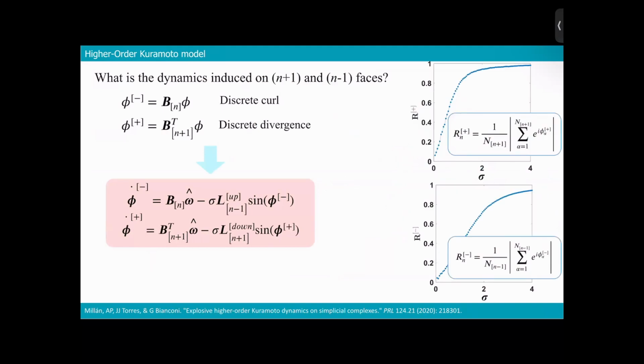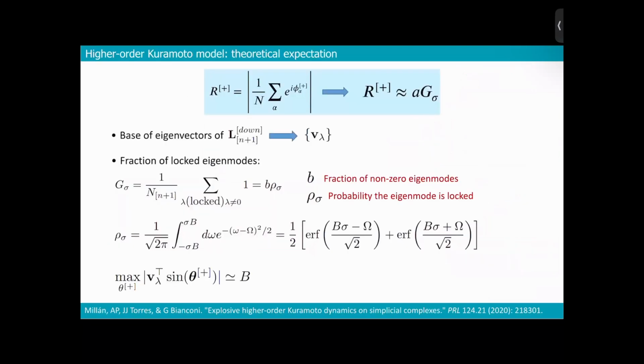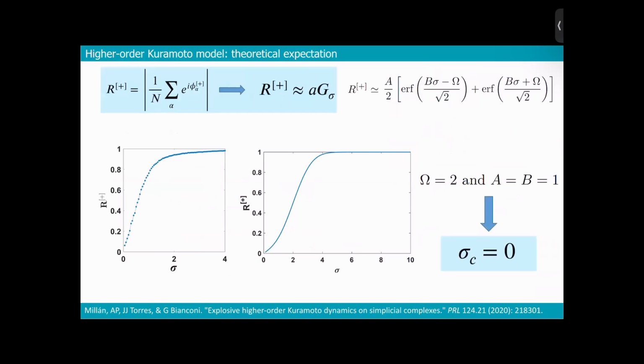And actually, we can write the equation for the nodes and the equations for the triangle, and these are the traditional Kuramoto equations. And indeed, using the corresponding synchronization parameters, we find this transition where now the transition point is at 0, so at coupling 0. And with phenomenological theory, one can actually recover, I will skip that, but one can recover the shape of this transition and the location of the transition point.